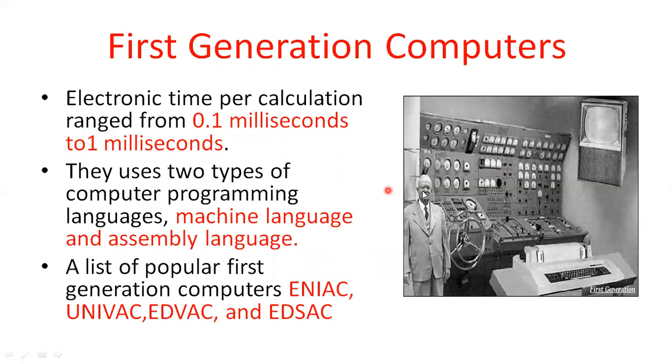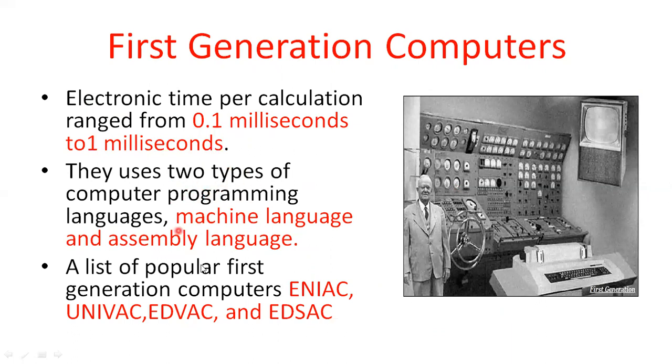Nowadays, 1 TB of memory you will get for 3,000 or 4,000 or 5,000, but in olden days, memory was very expensive. The electronic time for calculation was 0.1 million seconds to 1 million seconds.